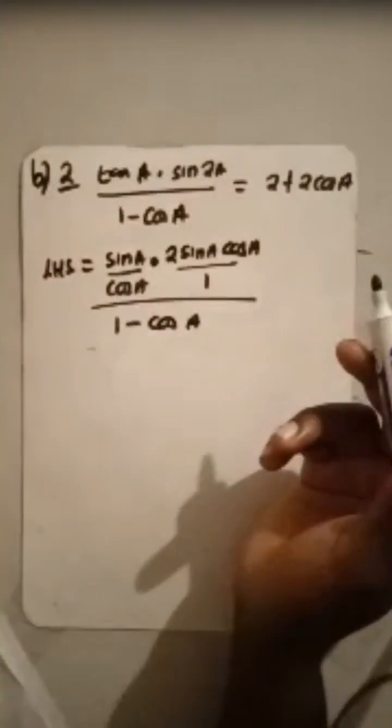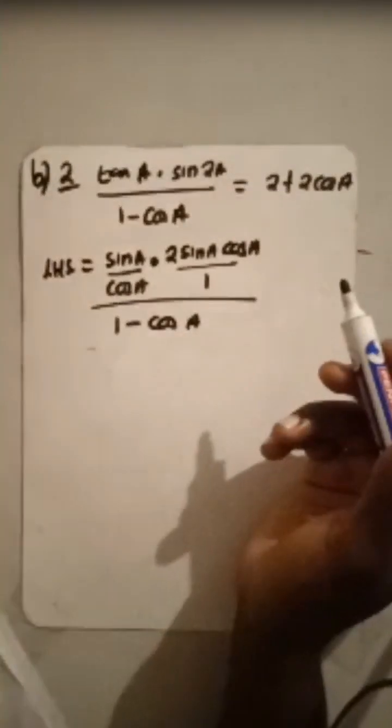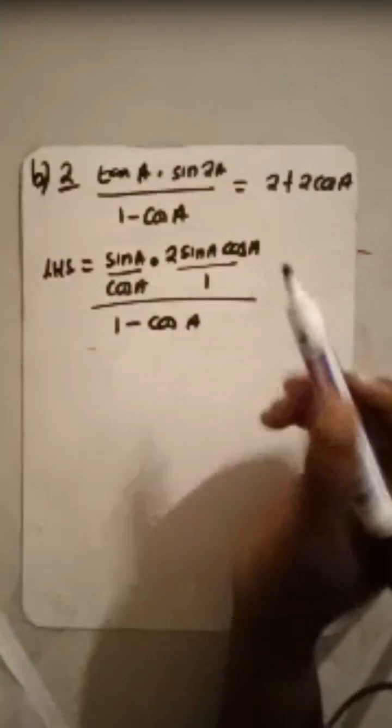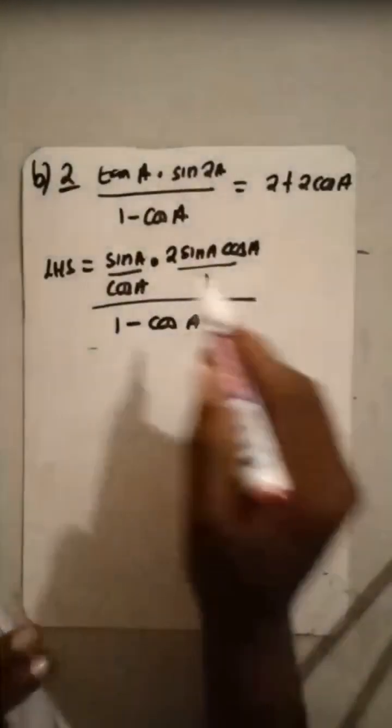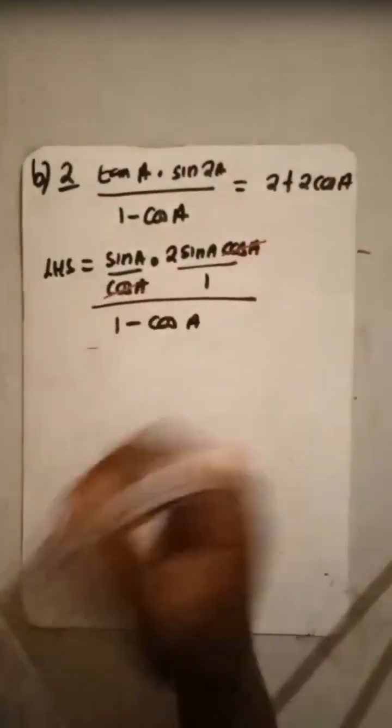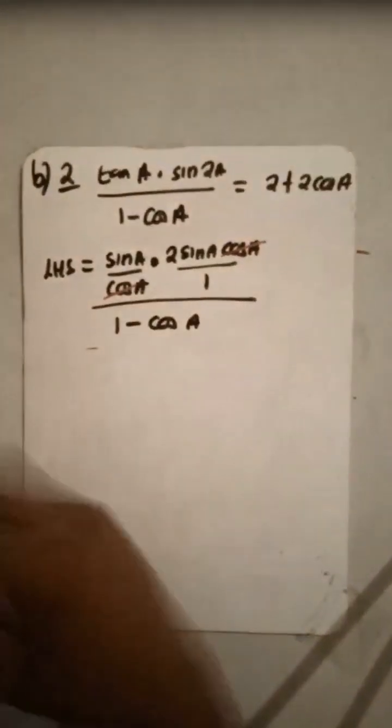So here we can't do anything. So what are we going to do there? This one is simple. We are going to cross cancel because there's multiplication there and we have common factors. So what are we left with?